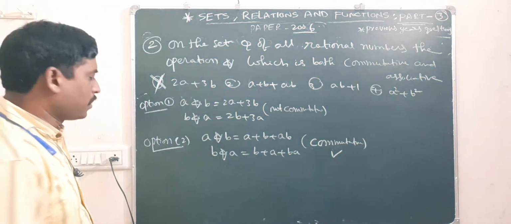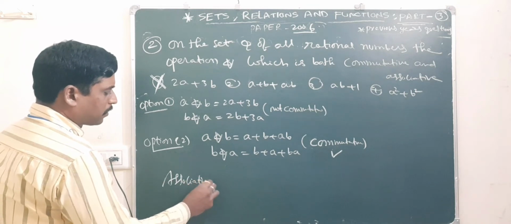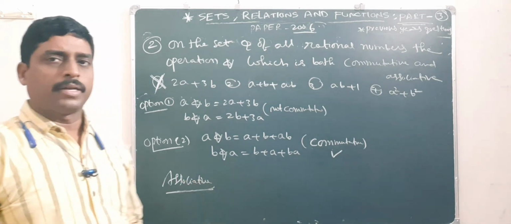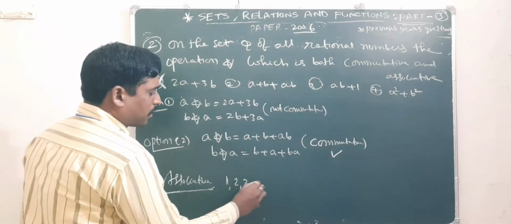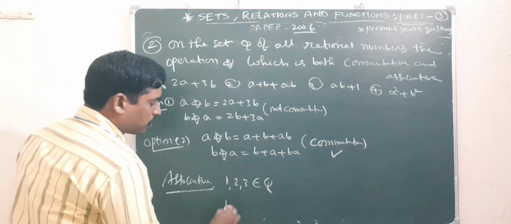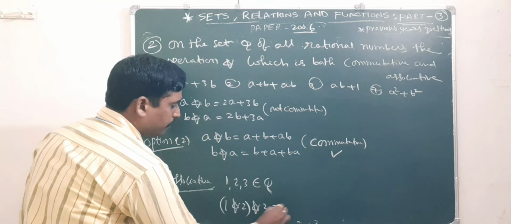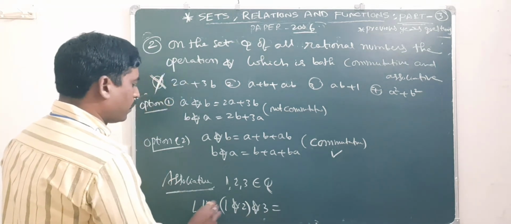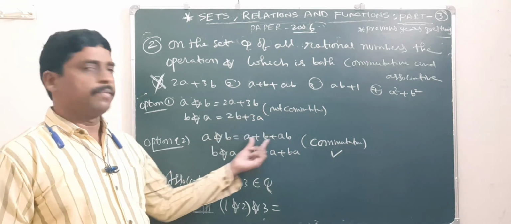Now check for the associative property. In the associative property, let us take numbers 1, 2, 3. These 3 elements belong to the rational numbers. So now we have to find (1 star 2) star 3. The left side value: 1 star 2, a star b defined by a plus b plus ab.